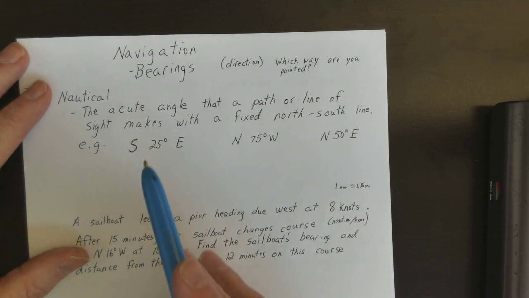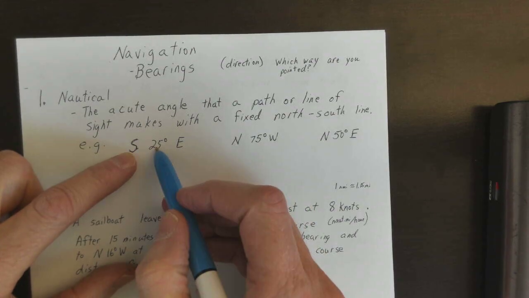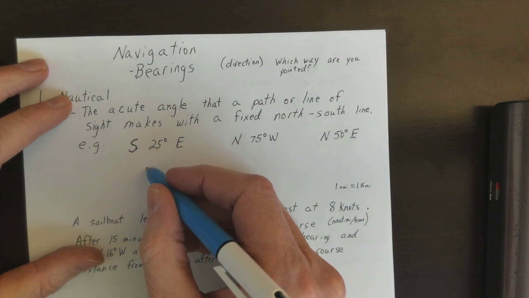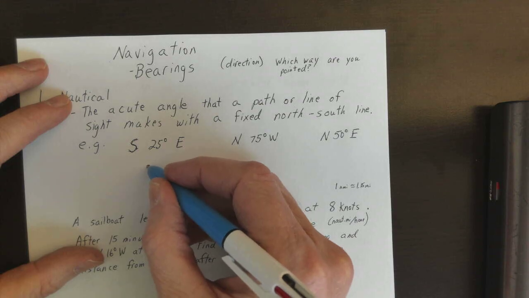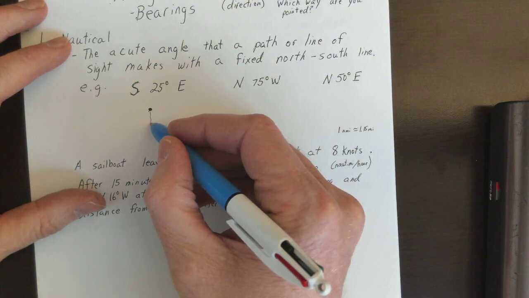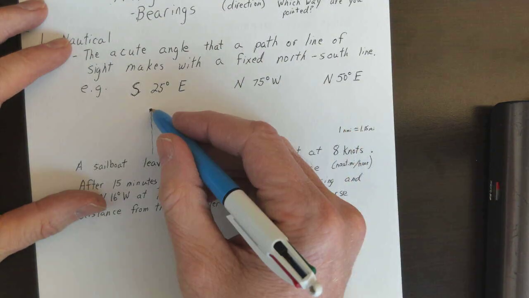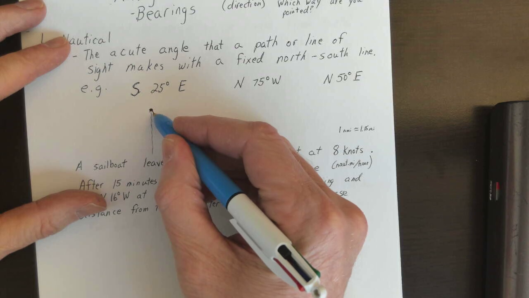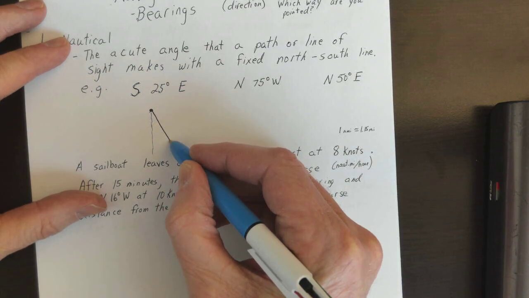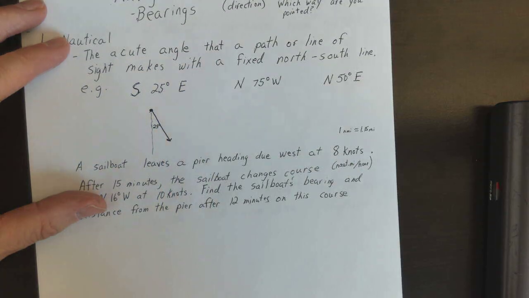For example, south 25 degrees east. If I draw a south line and then go east off of that 25 degrees, the direction I'm going is right here, 25 degrees that way.